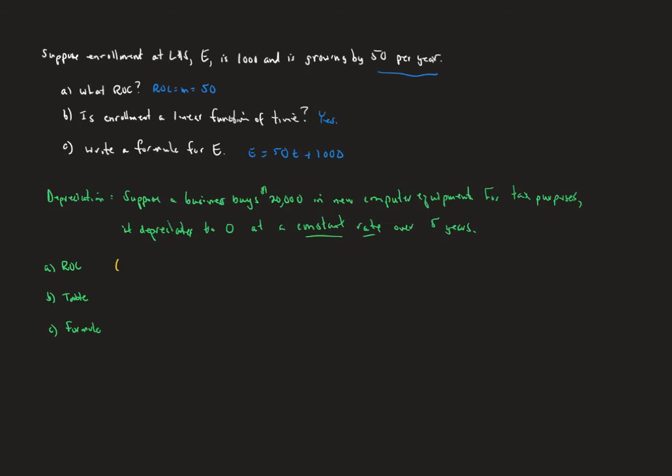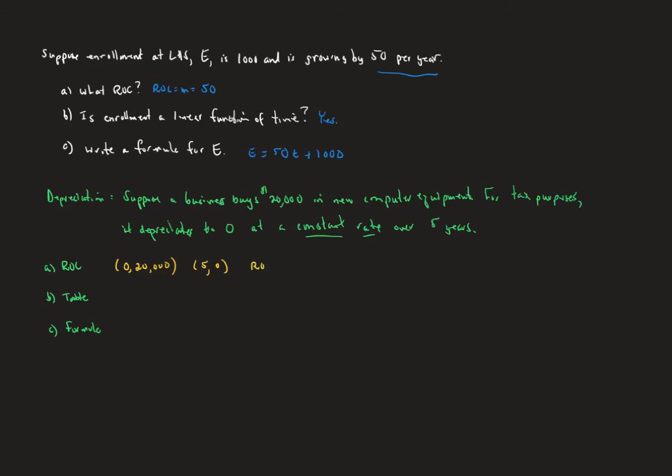The value of the equipment is going to be the dependent variable, which goes in the y position. At time 0, the value of the equipment is 20,000. At time 5, the value of the equipment is 0.